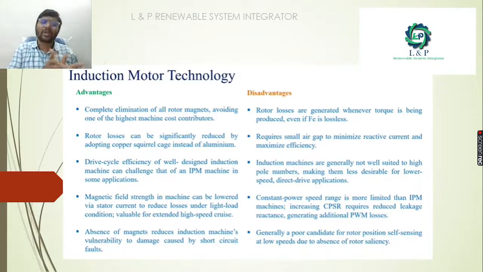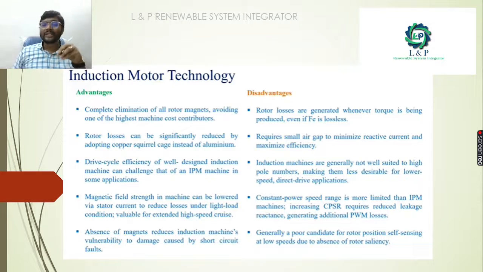So when we try to sort out the advantages and disadvantages of the induction motor, there is complete elimination of the rotor magnets, so we have the machine cost contributor as the lowest machine cost. And when we see the disadvantages, we have rotor losses.